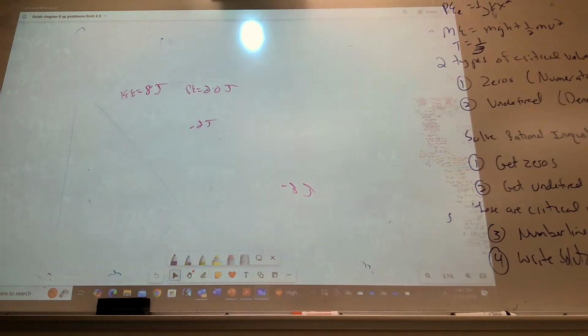How does the potential energy in the middle relate to the potential energy at the top? Is that half? It's half. Your half is high up, it's half as much potential energy.